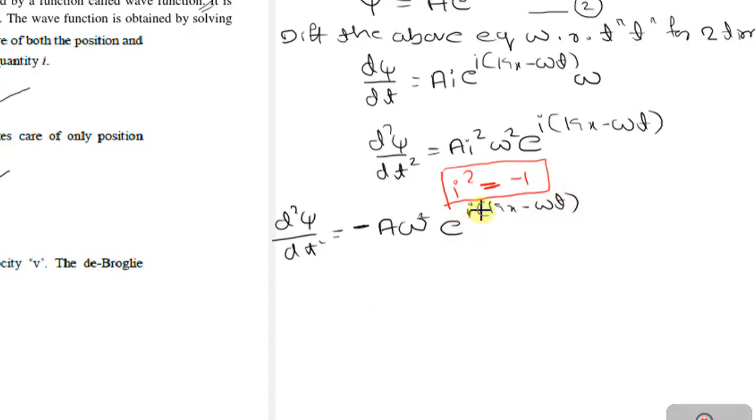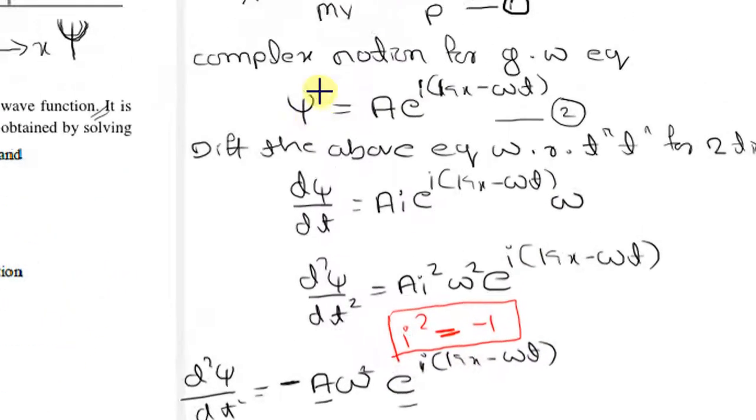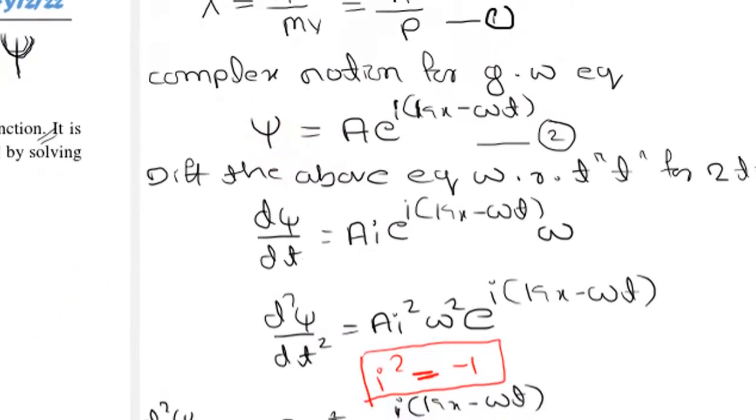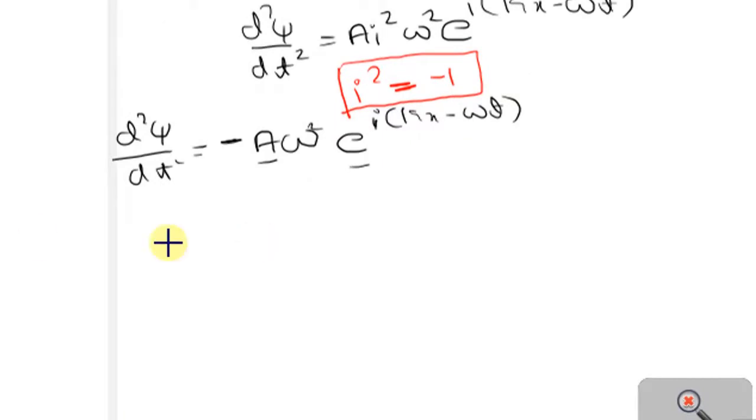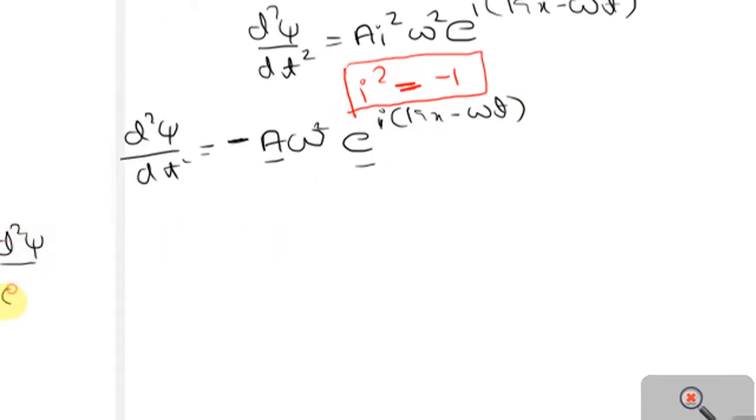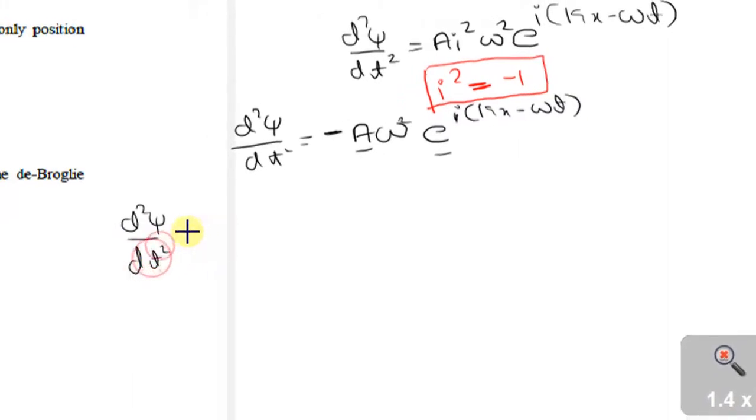Now A e raised to i (kx minus omega t) can be written as psi, so the above equation becomes d square psi by dt square equals minus omega square into psi.